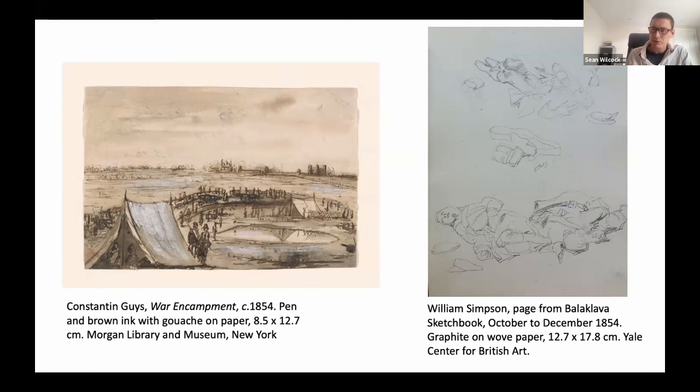The sketchbooks used by men like Simpson were often no larger than one's hand. They were very small, and when you go to the archive and view them, this one is in the Yale Centre for British Art, you really get a sense of this being an apparatus intended for flexible and rapid operations.